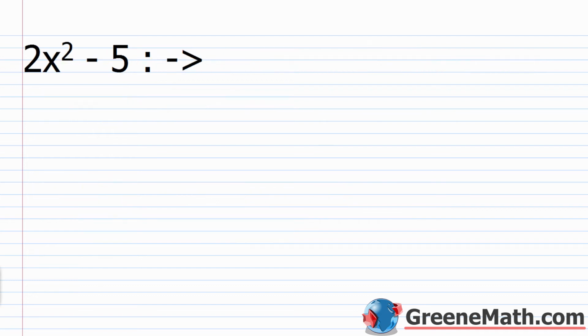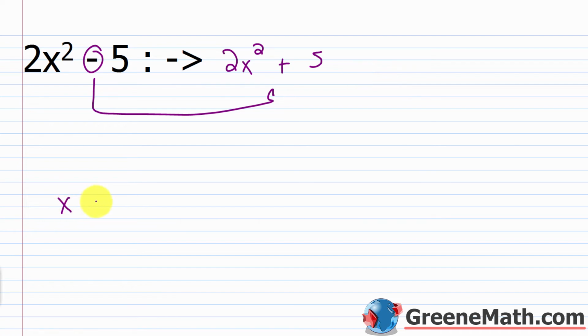As another example, if I had something like 2x squared minus 5, the conjugate would be, change the sign, so 2x squared, this would become plus, and then this would stay the same. So the terms are the same, I'm just changing the sign. If I had x plus y, the conjugate would be x minus y.